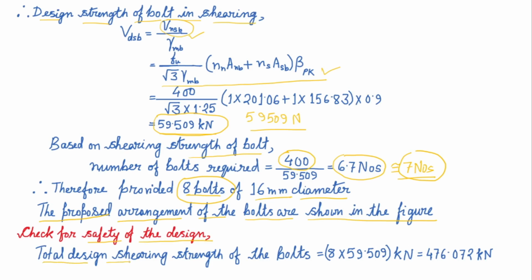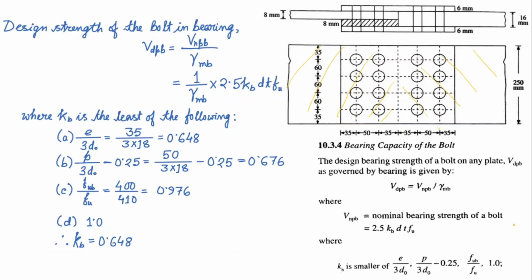Total design shearing strength of the bolts is 8 into 59.509. Since we have provided 8 bolts, total design shearing strength comes out as 476.072 kilonewton. So next, design strength of bolt in bearing. Like the shearing strength of the bolt, here you have to calculate the bearing strength of the bolt.